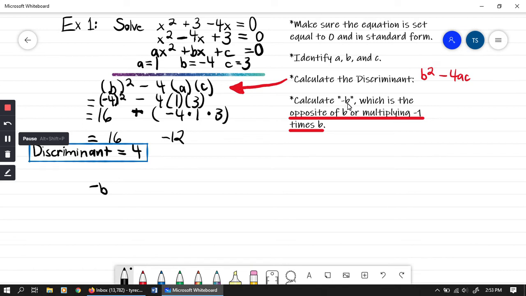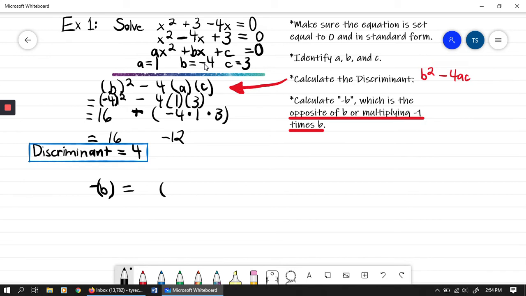However, folks, we have discussed this in part 1 of this video. This is not negative b. Even though it may look like that's what it says, this is the opposite of b. So again, please don't get it confused. In other words, it's the opposite sign of b. So since b is negative 4, we use the opposite sign of b.